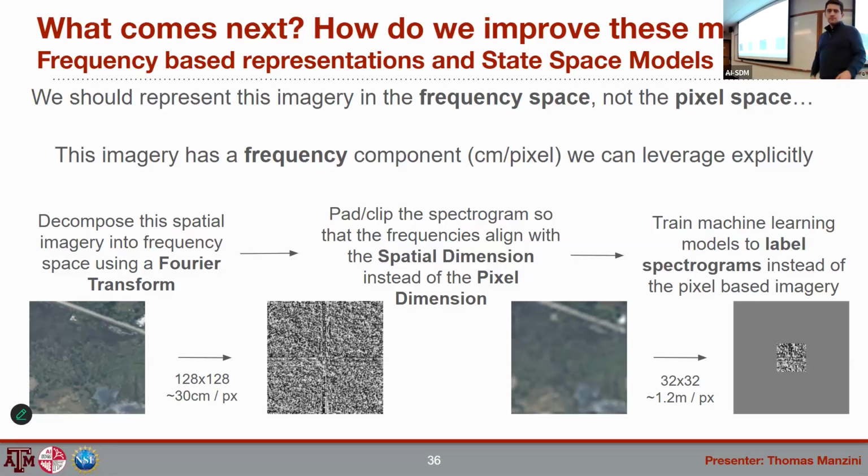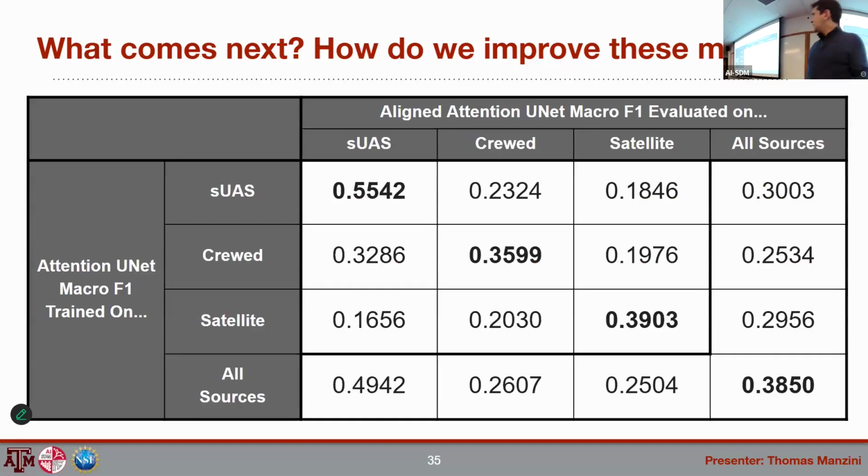Another question from Matt in the chat: for the lower F1 performance, do you think that the reduction in performance is due to misregistration from model training or another reason? So in the cross source training, I'll just go back to this. In this chart, all models were trained on aligned building polygons. We took the effort to make sure that all building polygons were in the right position during training. The main reason we think for the reduction in model performance going across sources is primarily two factors.